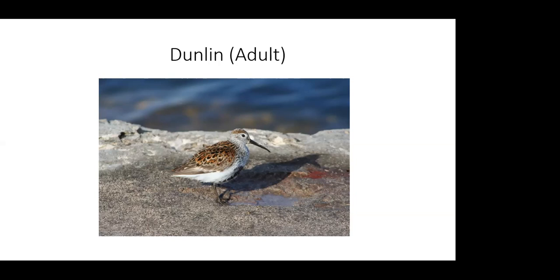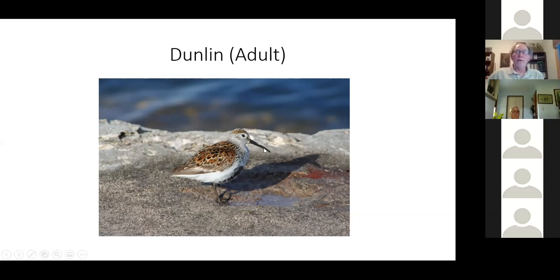But for such a small chunky bird, they have a long, very long down-curved bill, and in any plumage, that long down-curved bill should be a clue as to whether you have a Dunlin or not.